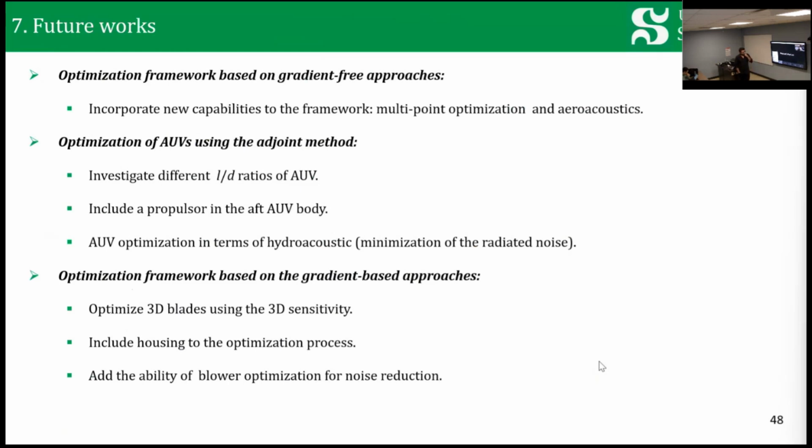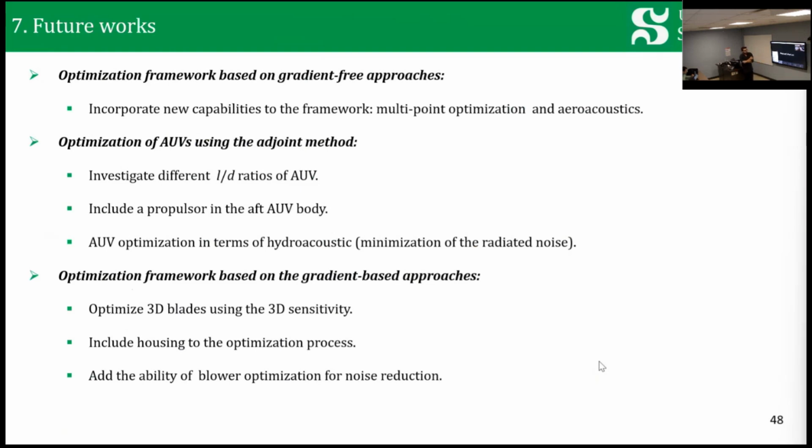To optimize the AUV, the ratio of length to width is important for reducing drag force, so it can be potential research for the future. Also adding propulsion to the aft of the AUV can make it closer to the real test case. And it is interesting to optimize the AUV in terms of noise reduction.